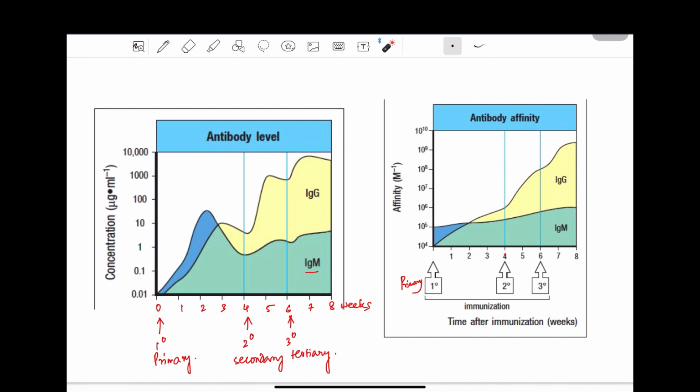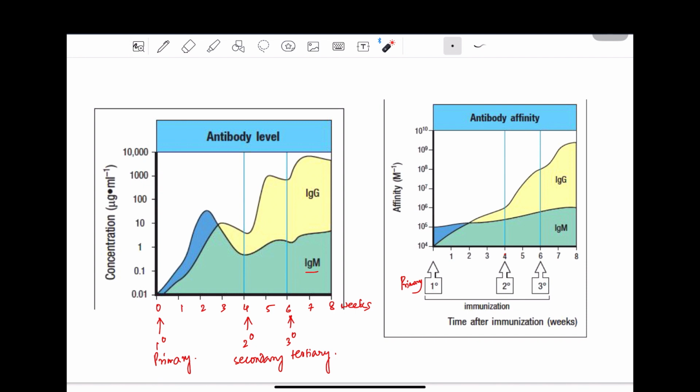So IgM is the antibody produced during the primary response, whereas during the secondary response, IgG is produced. IgG is much more effective than IgM, which is why IgG is produced in larger numbers at the secondary response, followed by the tertiary response, which begins after the 6th week, because there is a next booster.